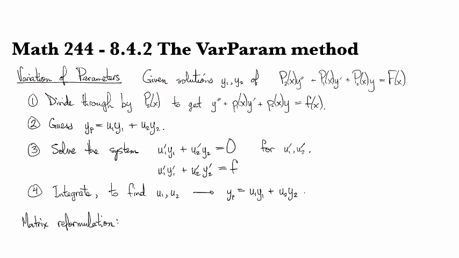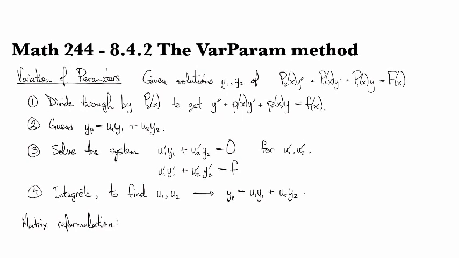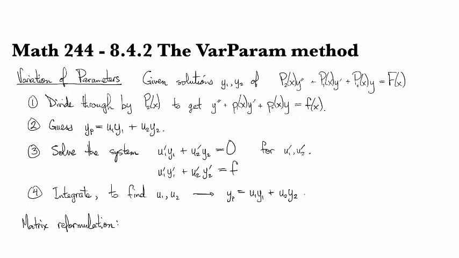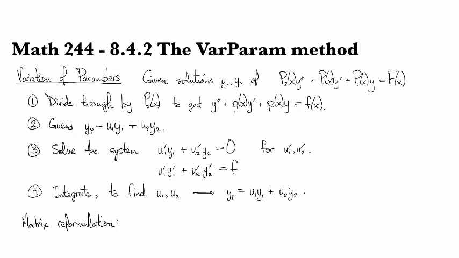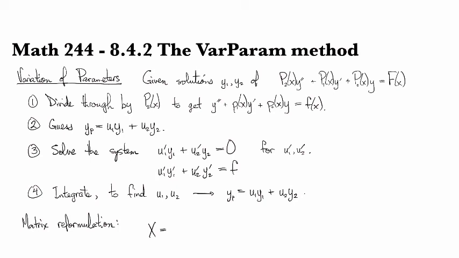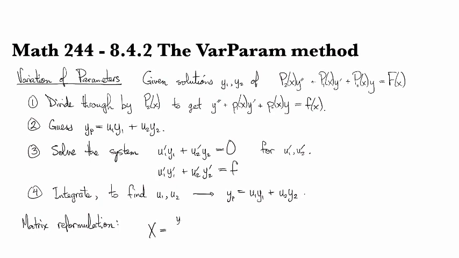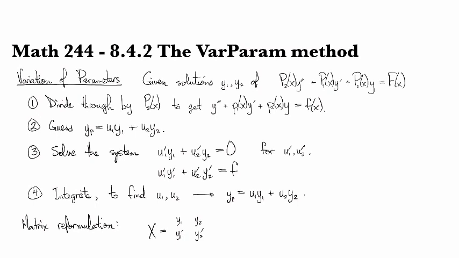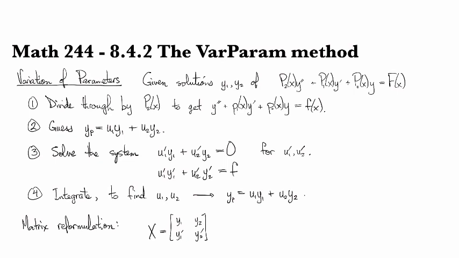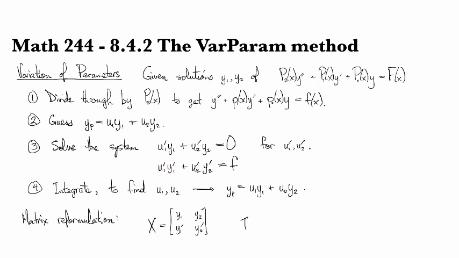So what we have here is if we take this matrix y1, y2, y1 prime, y2 prime, let's call that x, then x times u is our particular solution, and then some junk we don't care about.